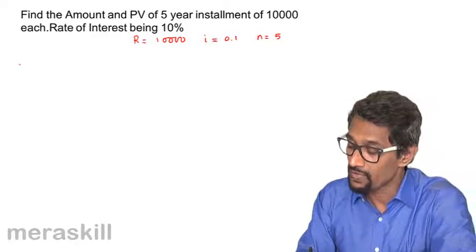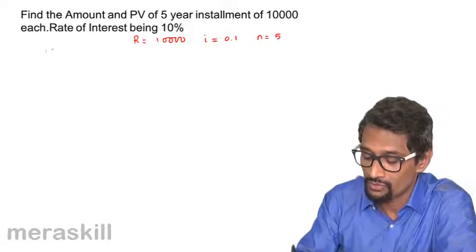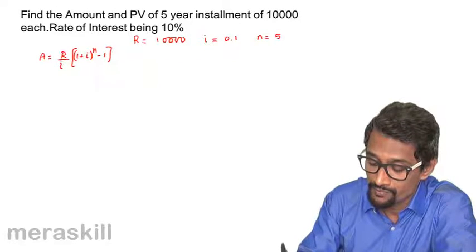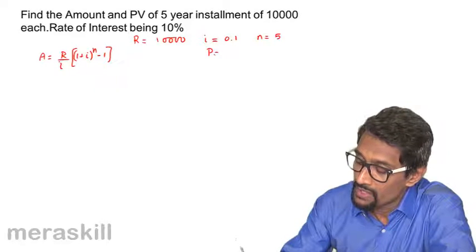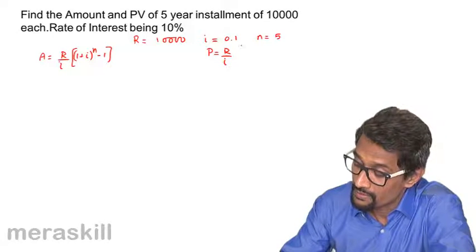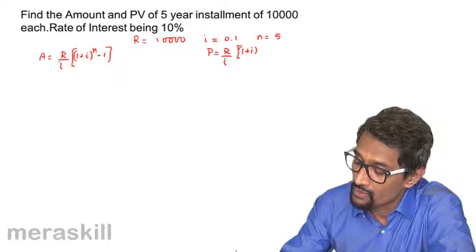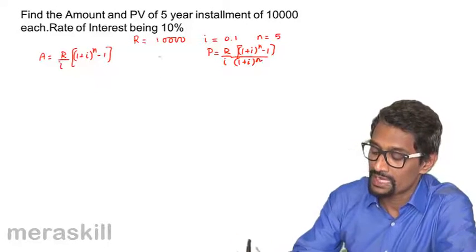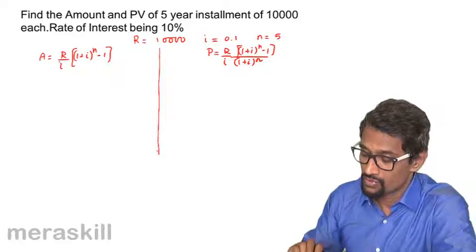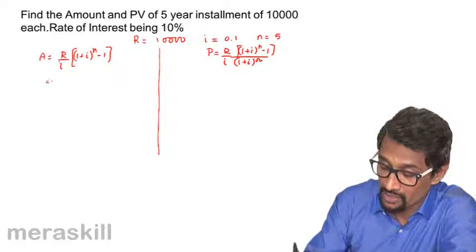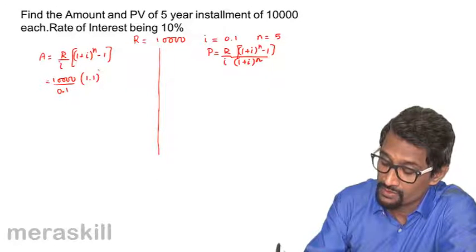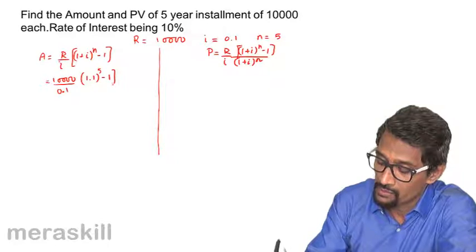So let's calculate the amount and present value. We're going to use A is equal to R by I into 1 plus I raised to n minus 1. This is one thing. And P is equal to R by I into 1 plus I raised to n minus 1 divided by 1 plus I raised to n. So let's calculate both. Here this will turn out to be 10,000 upon 0.1 into 1.1 raised to 5 minus 1.